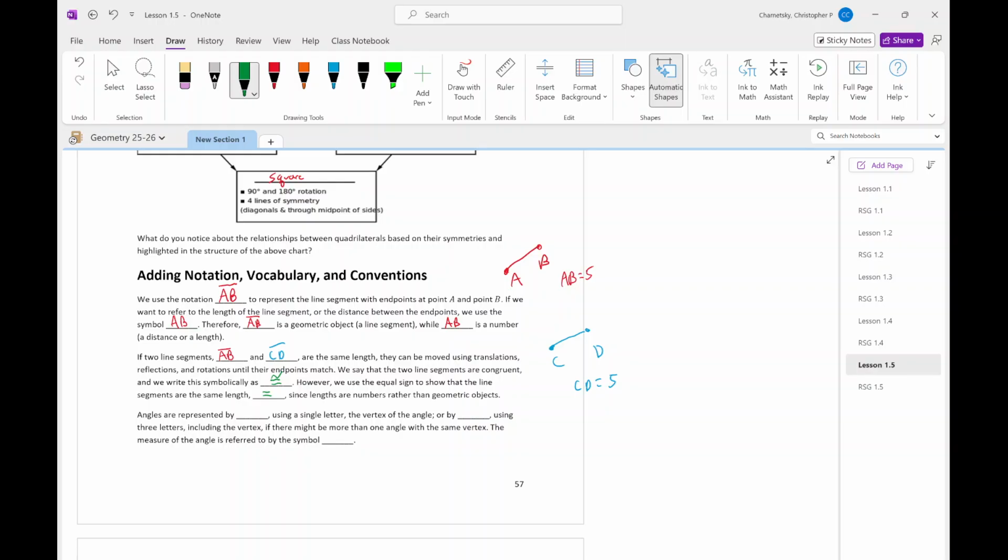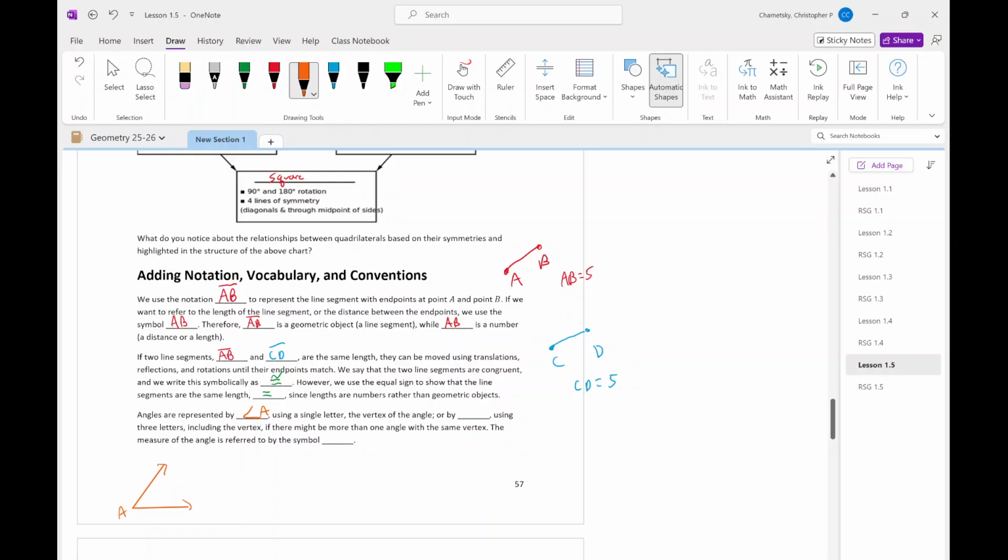Angles. Angles are represented by the angle symbol. And if you have a single letter there, we can call that angle A, like so.